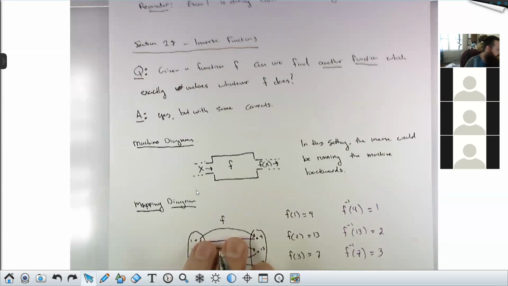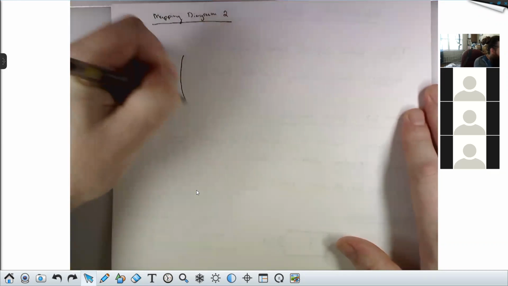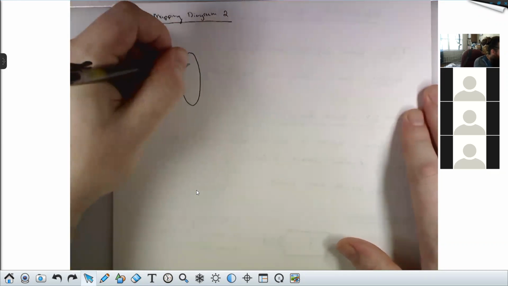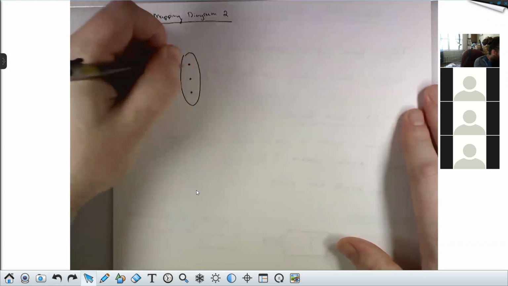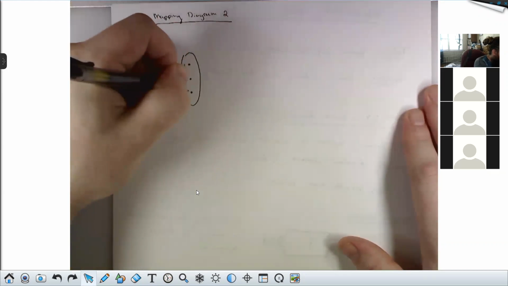If you think about the soda can machine, though, or any function that sends multiple inputs to the same output. So again, I'll just call these inputs 1, 2, and 3.